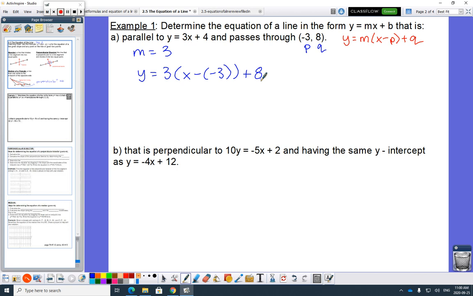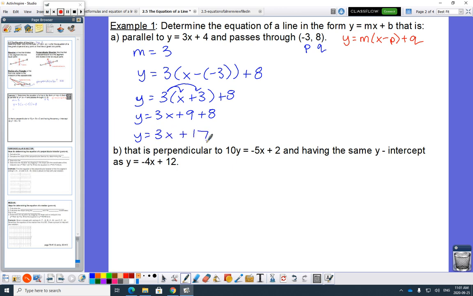Okay, that's really the only trick, so to speak, to this. Okay. So then distribute. Yes. Yes.